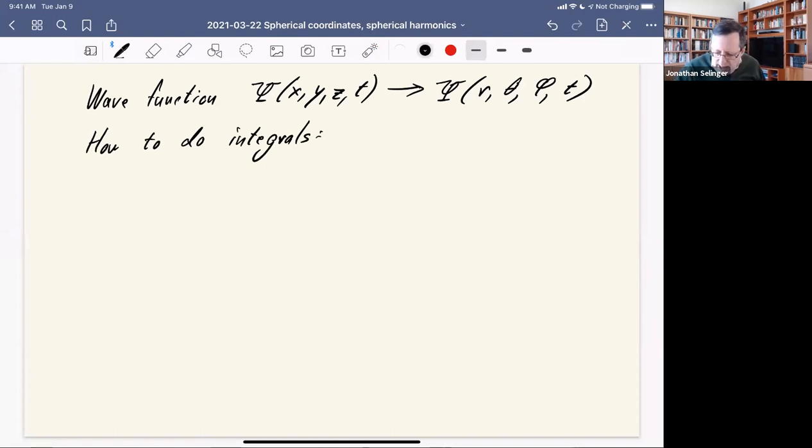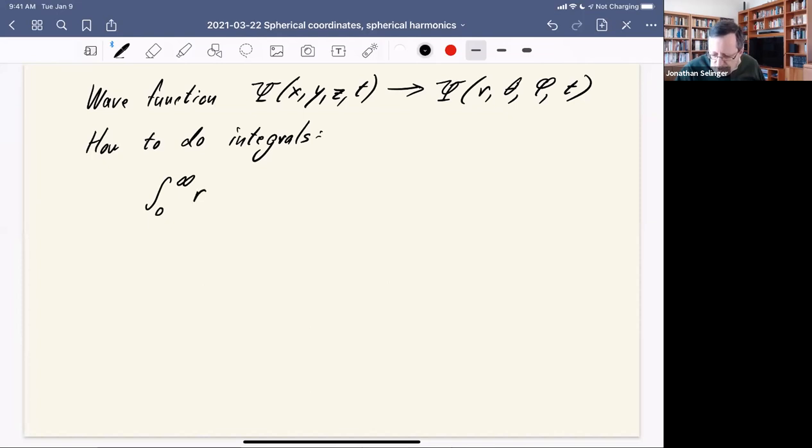Here we need to integrate over these three variables, r, theta, phi in spherical coordinates. When we do the integrals, we want to integrate r from the minimum value, which is 0, up to the maximum value, infinity.